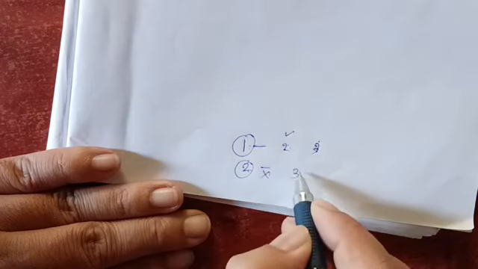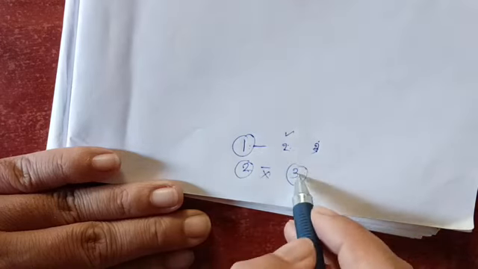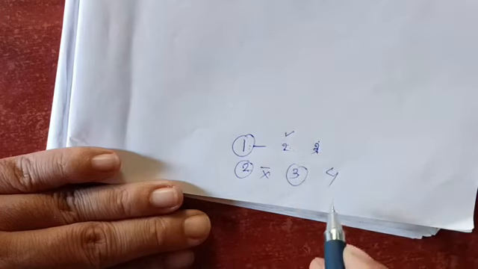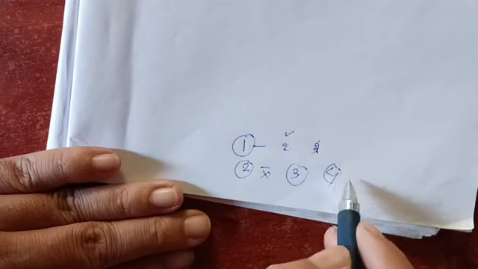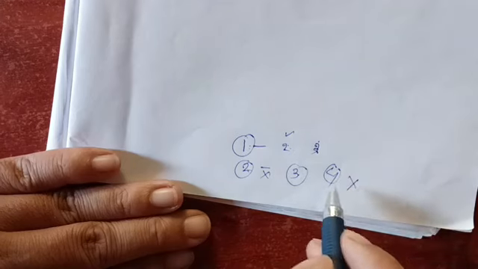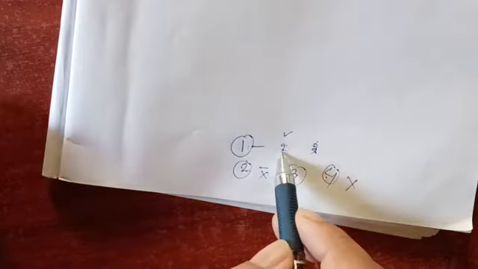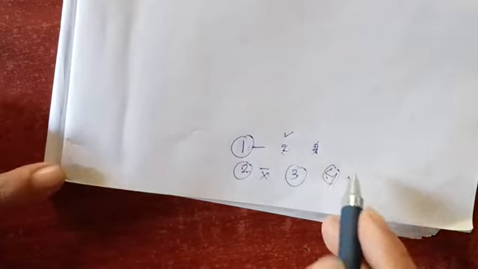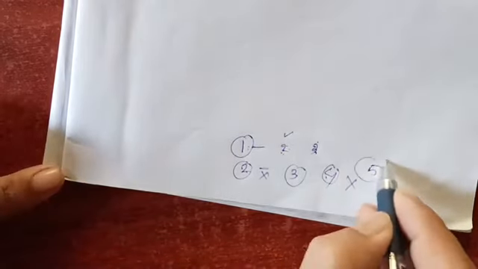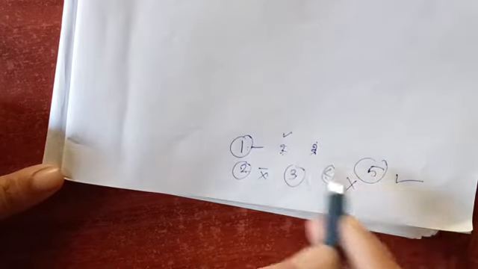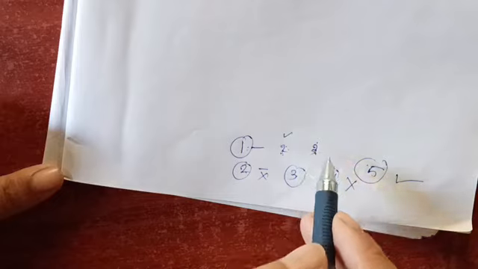What about 3? 3 also we cannot consider because 3 can be divided by 3. All right, then what about 4, the next number? 4 also we cannot consider because this 4, it can be divisible by 2, right? 2 are 4. Then what about 5? Yes, 5 we can take because 5 you cannot divide by 2, 5 you cannot divide by 3.